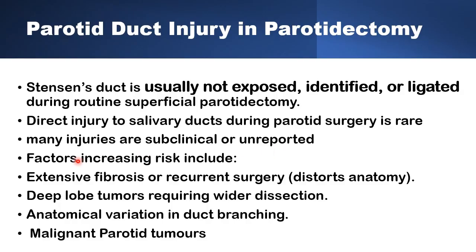But there are factors that may increase the risk of duct injury, including extensive fibrosis during, for example, recurrent surgery, or in deep lobe tumors that require a wider dissection, or when there are anatomical variations in the duct branching, or in malignant parotid tumors. The risk of Stensen's duct, extraglandular duct system injury is increased.